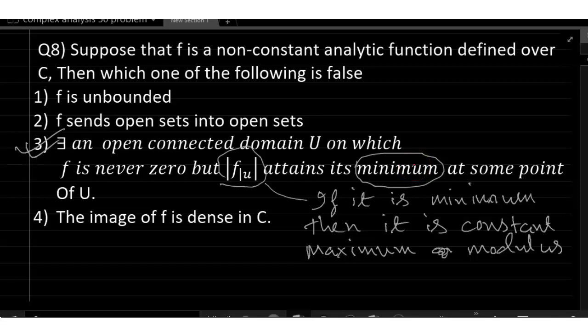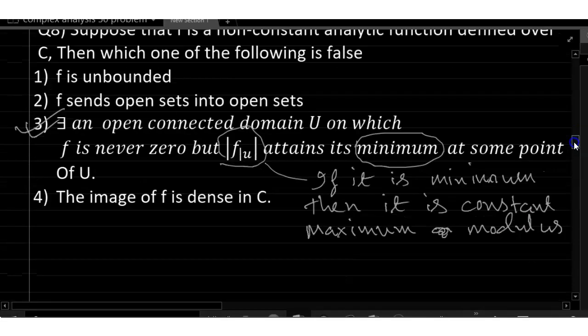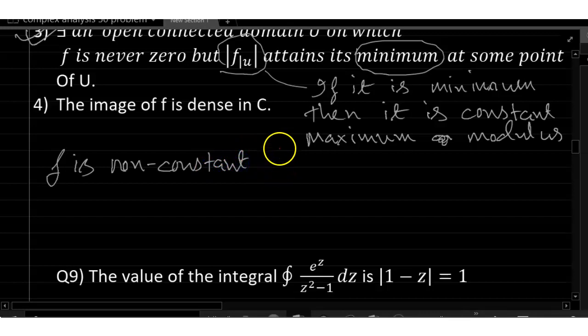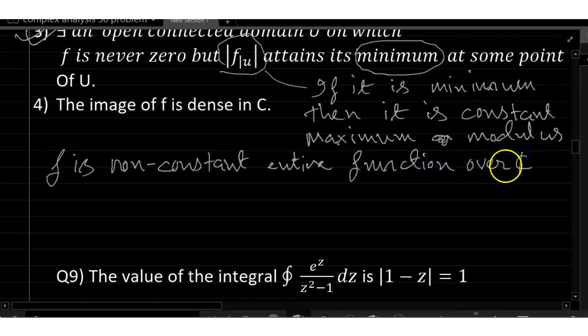This is my inner question: f is a non-constant entire function over C, an analytic function.